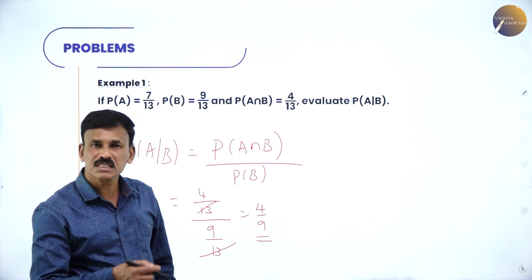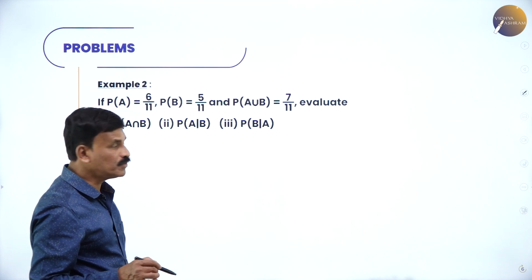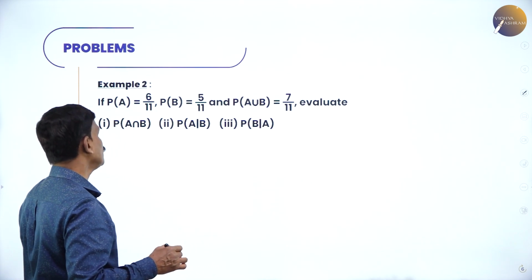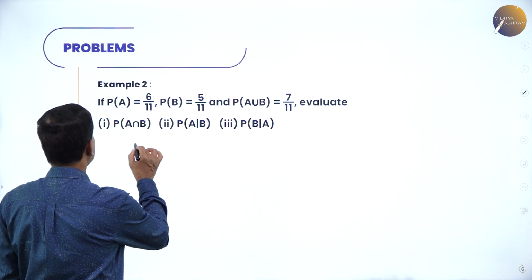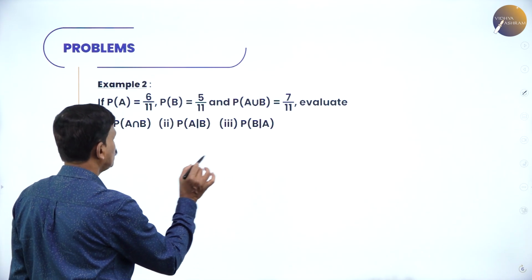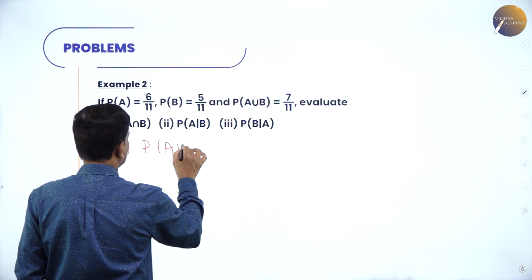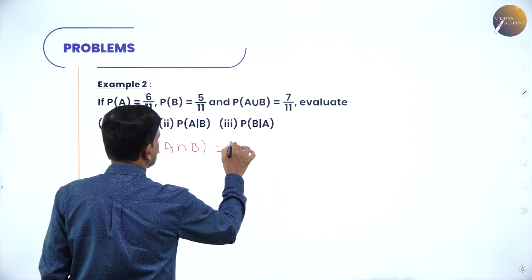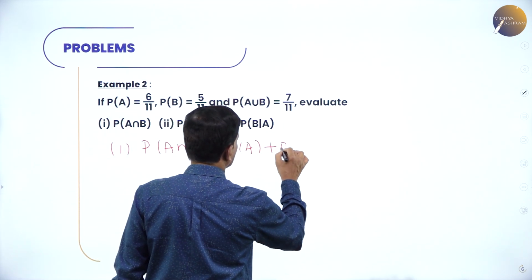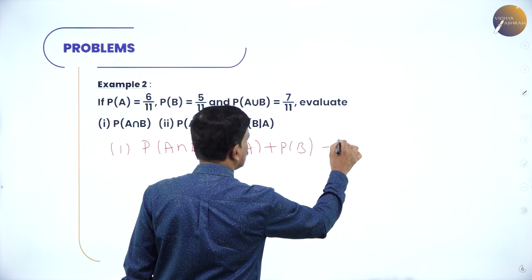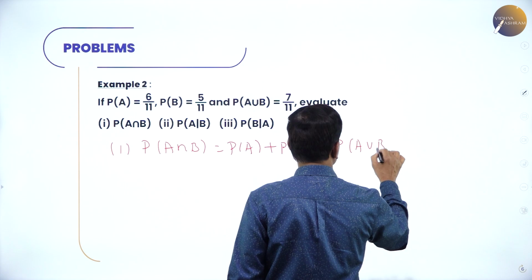Now, let us move on to a similar type of problem. If P of A is equal to 6 by 11, P of B is equal to 5 by 11, P of A union B is 7 by 11, evaluate P of A intersection B, A by B and B by A. One by one, very simple. Let us take P of A intersection B is equal to, there is a formula, probability of A plus probability of B minus probability of A union B. That's it.